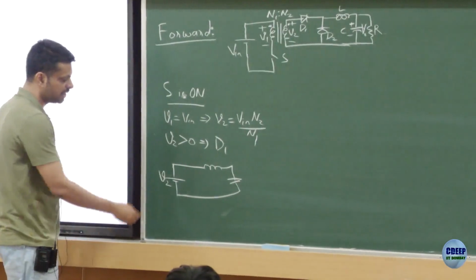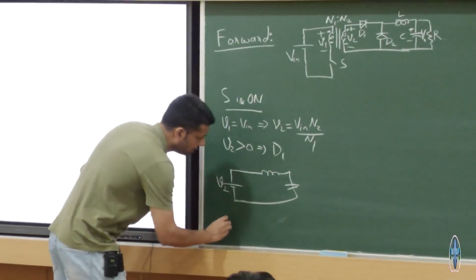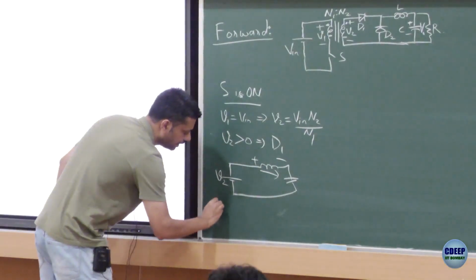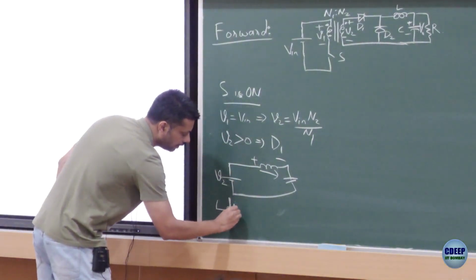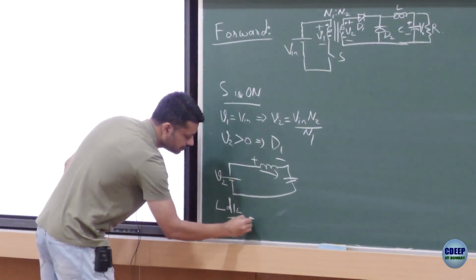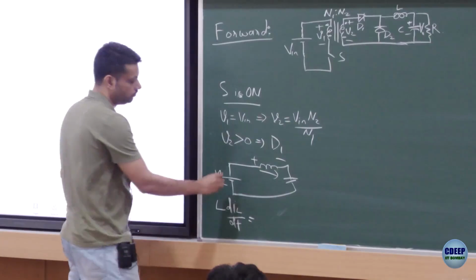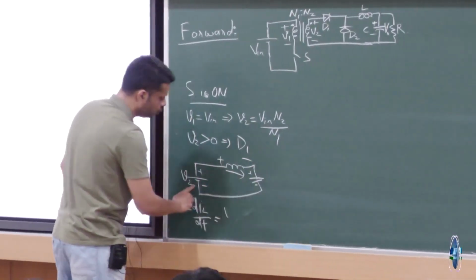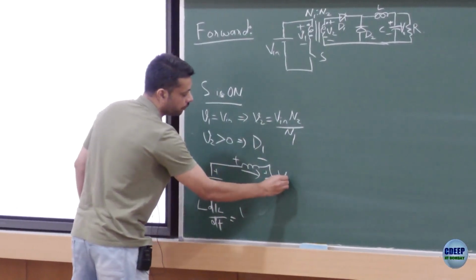We can write the voltage equation for this one. Let's say this is the reference direction. We can say L dIL by dt is equal to V2 minus VO.